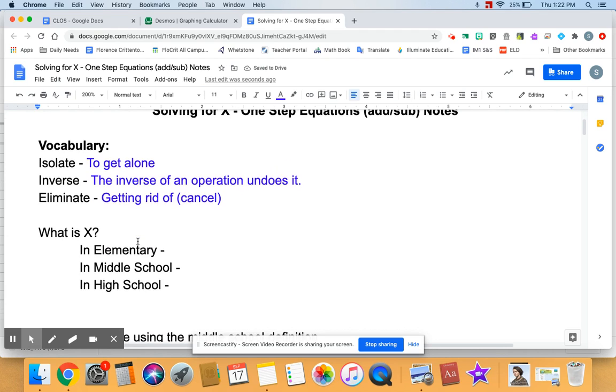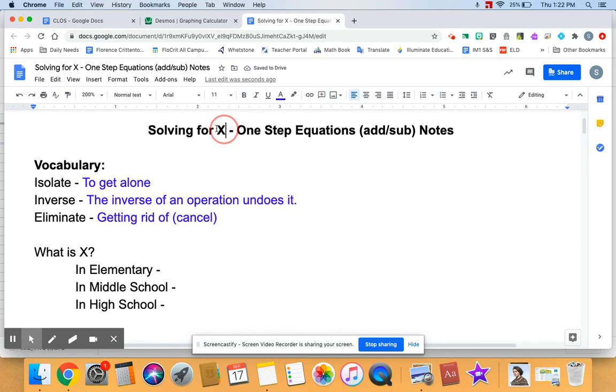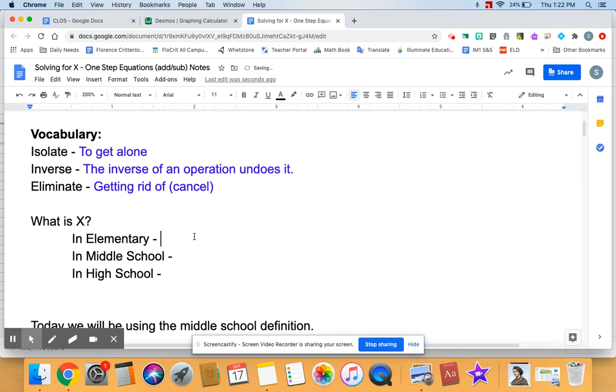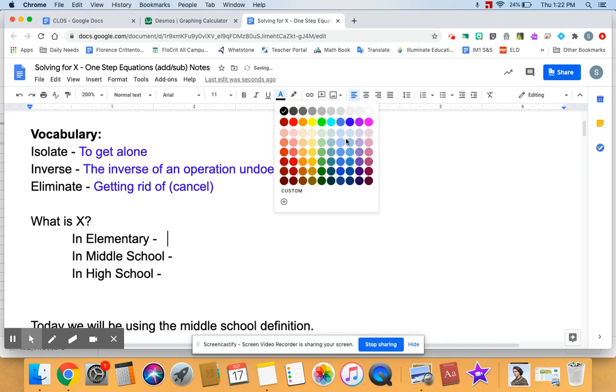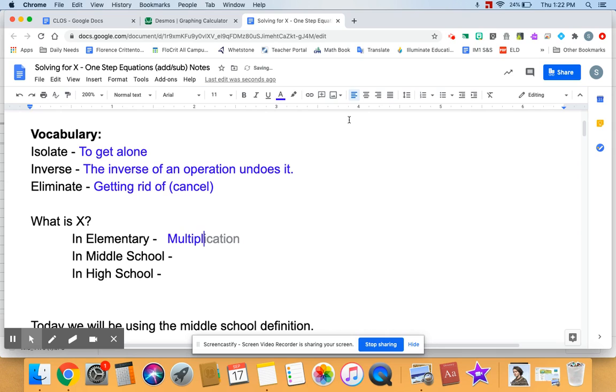All right, so we are going to be solving for x. What is x? Well, in elementary school, you might have seen x standing for multiply. It will never mean this again.